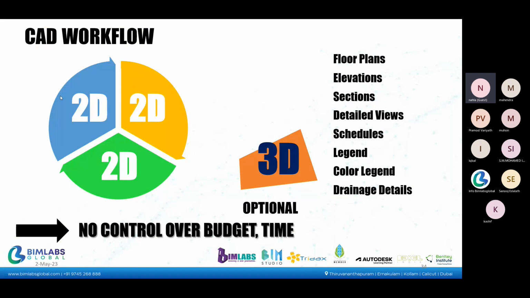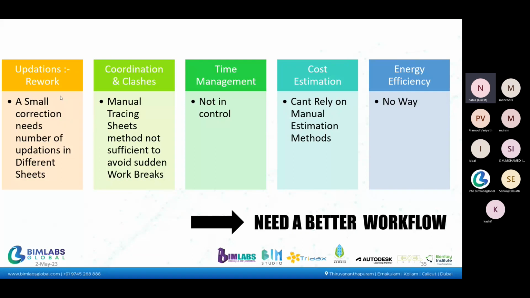But Revit is not like that. If we make a change in any plan or any view, that change automatically gets updated in all the views, legends, color legends, schedules, detail views, every view in the entire model. That change will be reflected. So that's the advantage of BIM, and that was a problem of CAD.